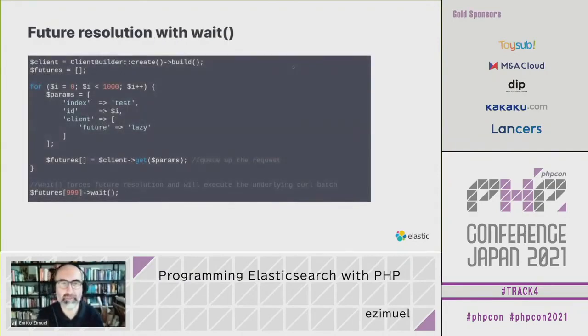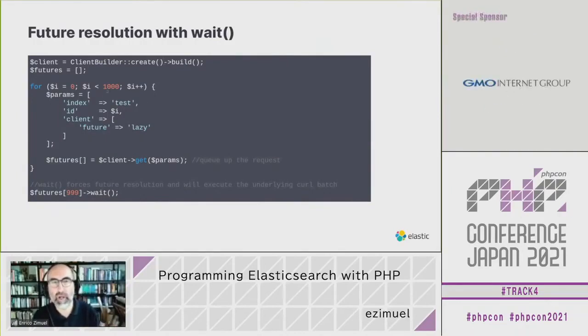Another example, imagine that you want to create an object and we have a client here, and we want to read 1,000 documents in parallel. So we don't want to execute each HTTP connection one by one, but we want to execute all together. How can we do this?